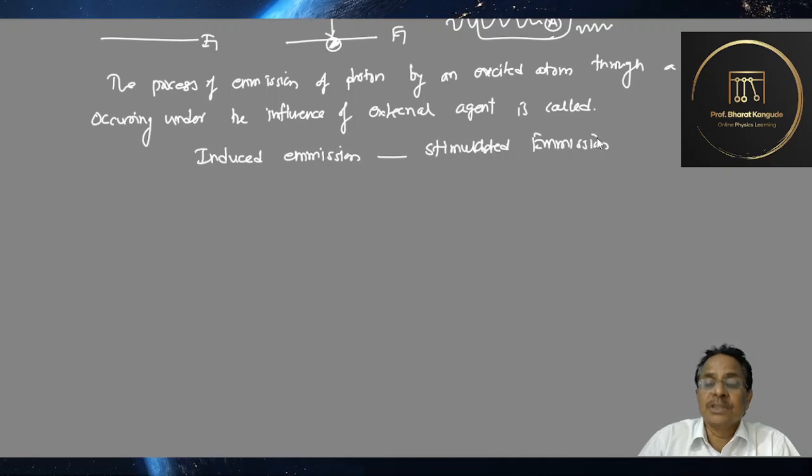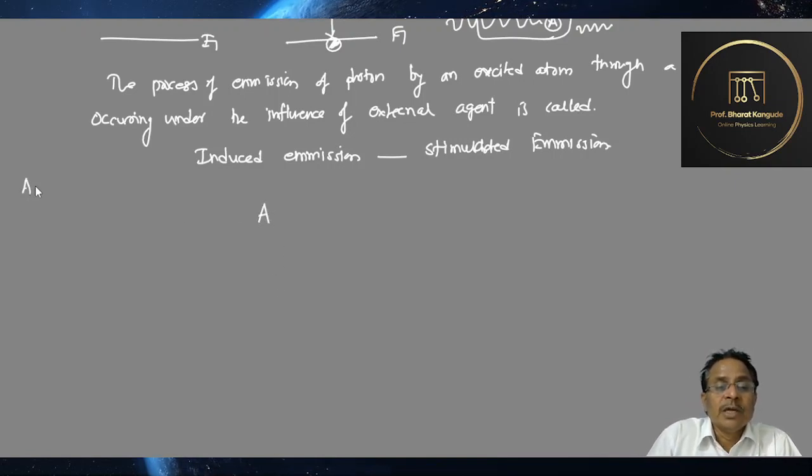So induced or stimulated emission is the same, and therefore I am showing this process as follows. Earlier we have seen the relationship: A absorbs h nu and goes to A star. This is excited. In spontaneous emission, A star gets de-excited and gives A and h nu again. This was the second reaction.